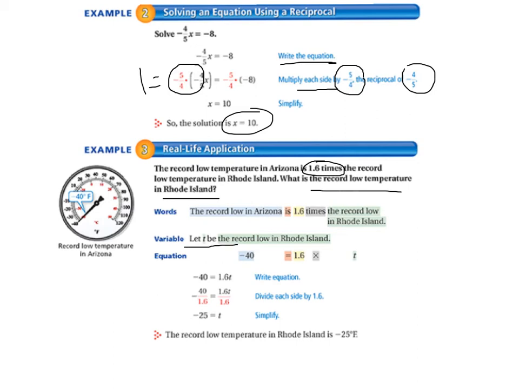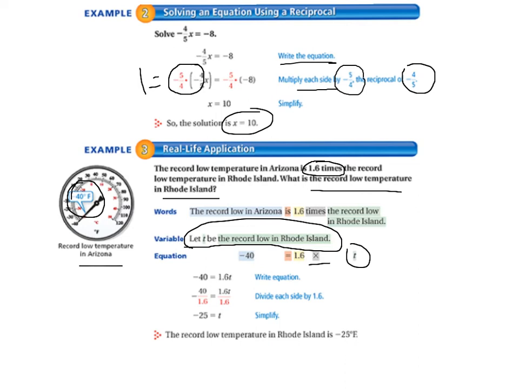So the letter is T for temperature, and times tells us that we're multiplying, and 1.6 is what to multiply, equals, and they give us the negative 40 over here in the thermometer, so the record low temperature in Arizona.